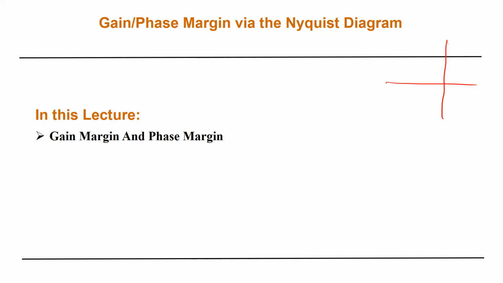In a sense, how far we are from the j omega axis. But the measure in there is not very accurate, and it's trial and error. Now, we would like to talk about relative stability in a systematic way of doing it.